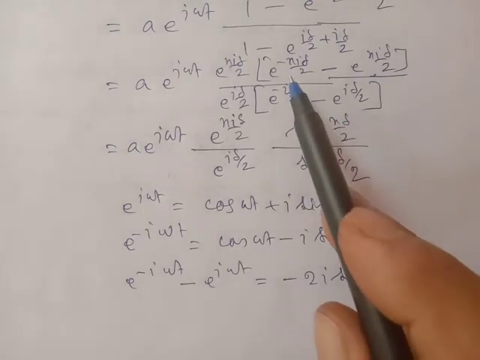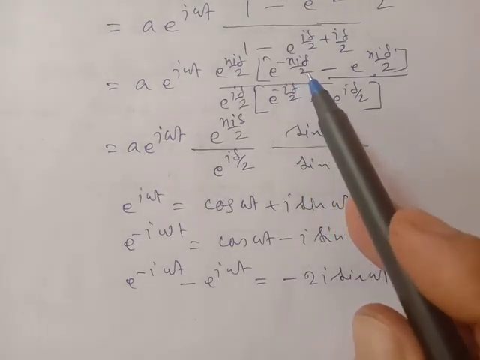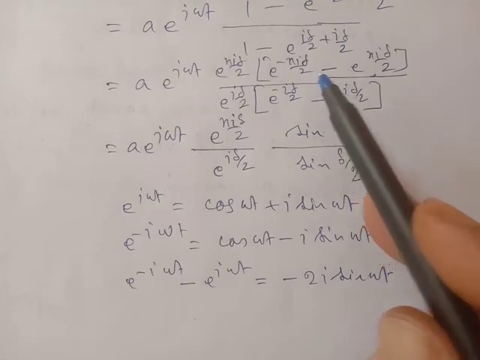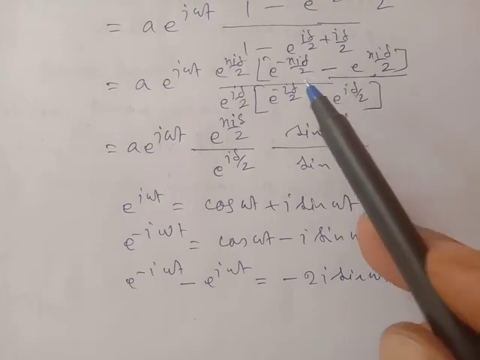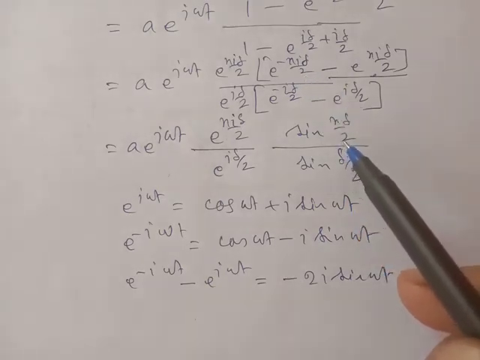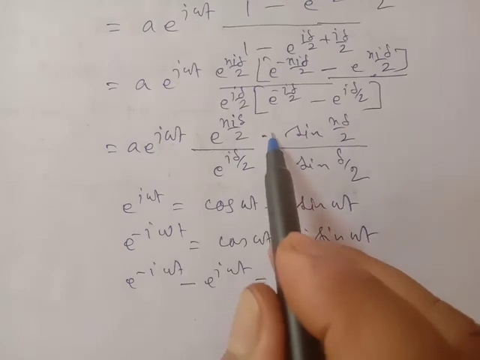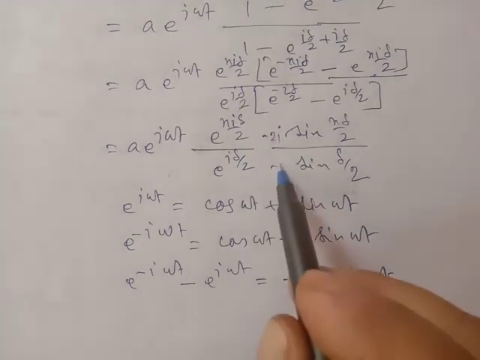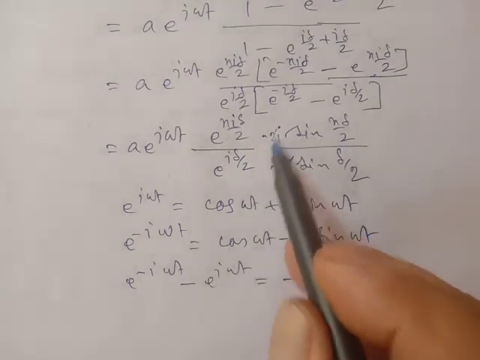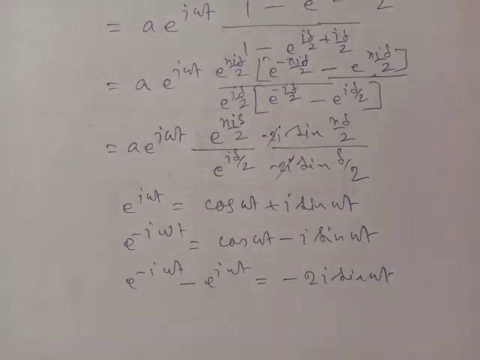So here e to the power n i delta by 2 minus e to the power minus n i delta by 2 is equal to how much? This is minus twice i sine n delta by 2. Similarly in the denominator, minus twice i will come, so they will cancel out each other.